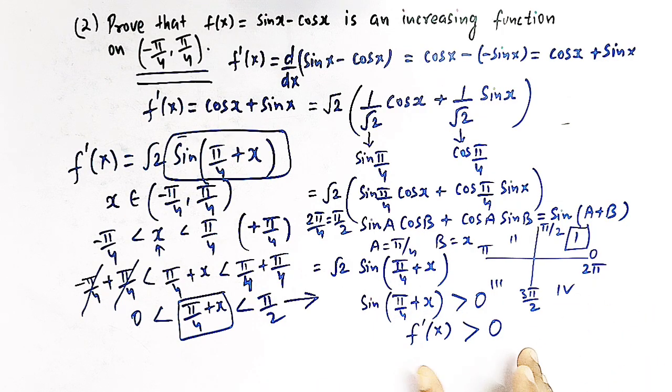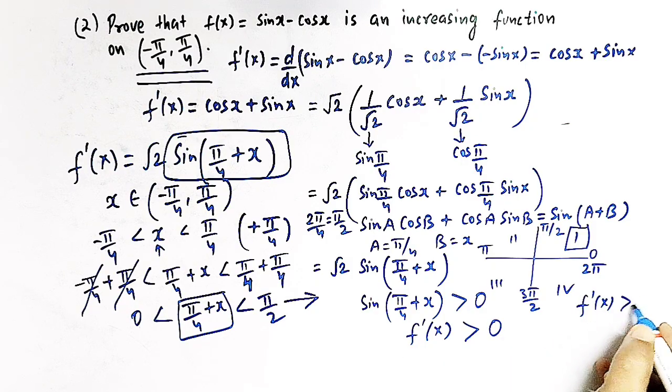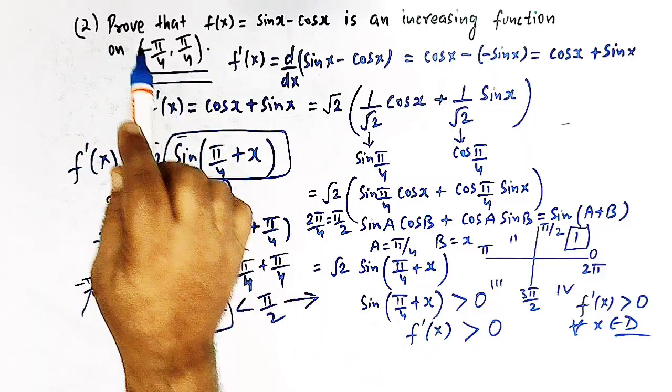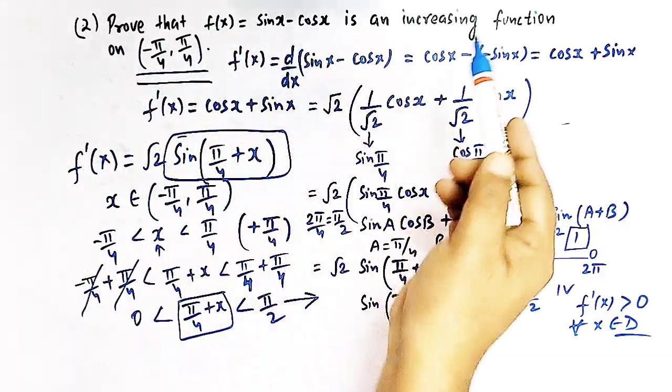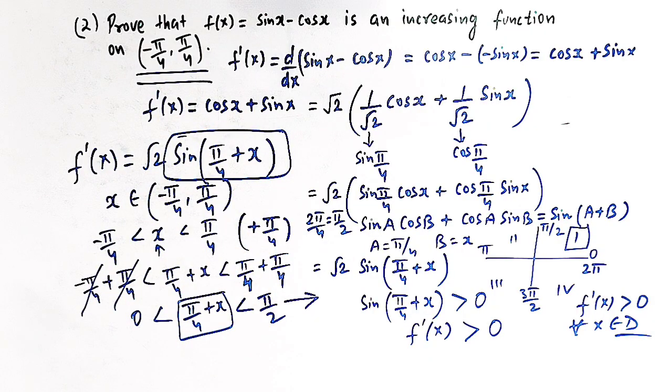A function is said to be increasing if the derivative is greater than 0 for all x belonging to the domain, and here f prime of x is greater than 0, as pi by 4 plus x is greater than 0 and less than pi by 2. So this proves that this function is an increasing function on this interval.